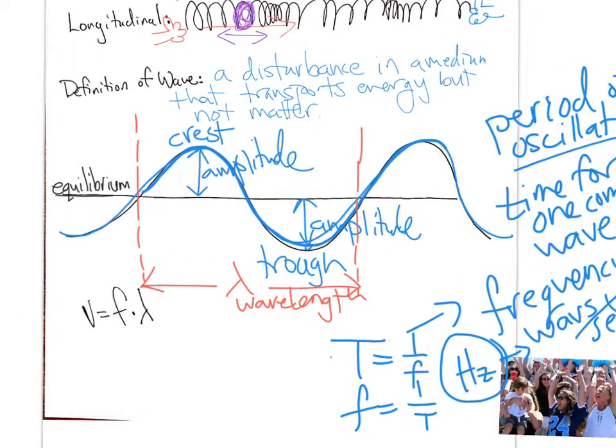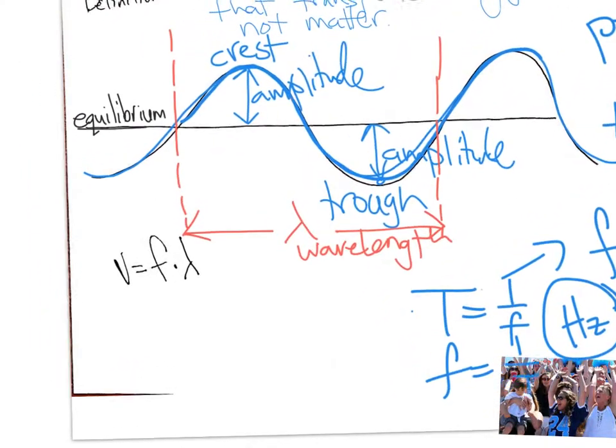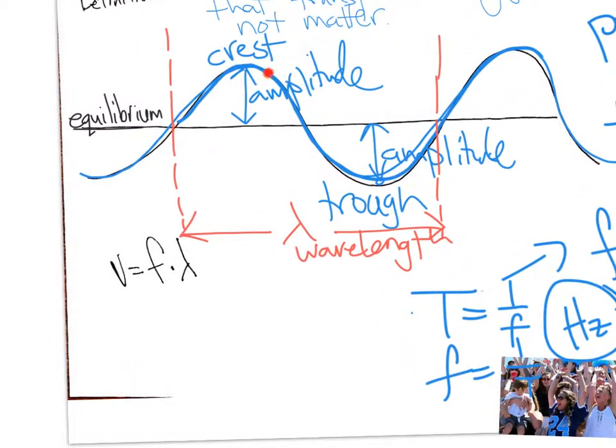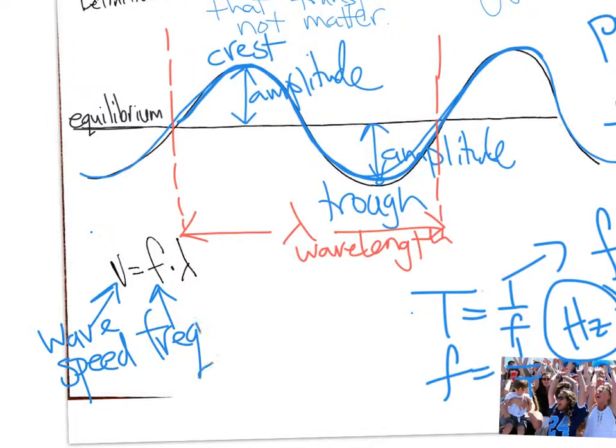Alright, and then if we think about this, this is the distance of one wave, right? And velocity is distance per time. So we have this formula here where the wave speed, or velocity, is going to be equal to frequency times wavelength.